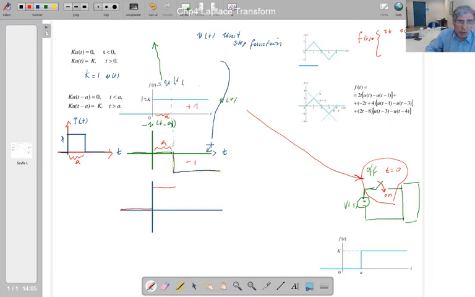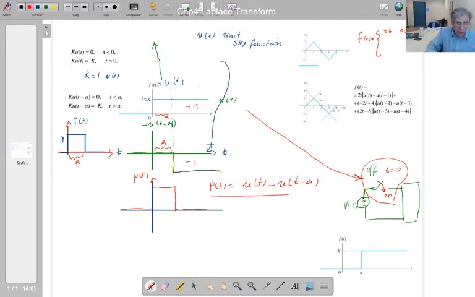When you add those two, you're going to end up with 0. Now this is the pulse function. So I add this pulse function. The pulse function is u(t) minus u(t minus a). So that's the pulse function.